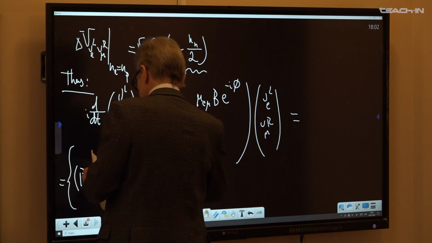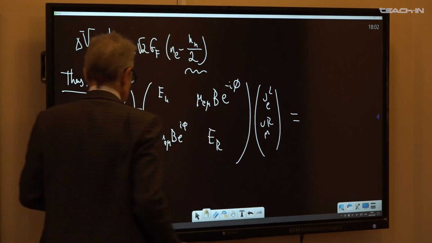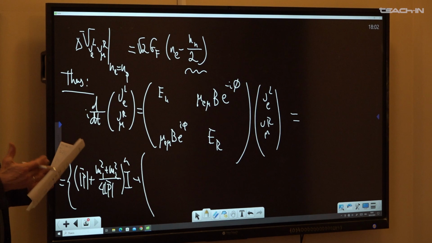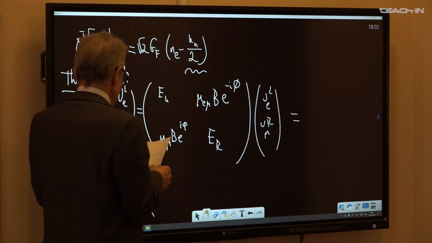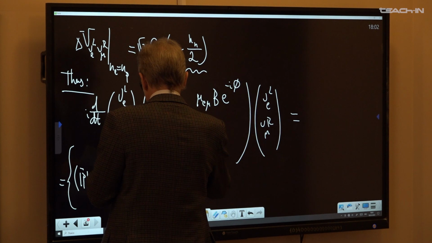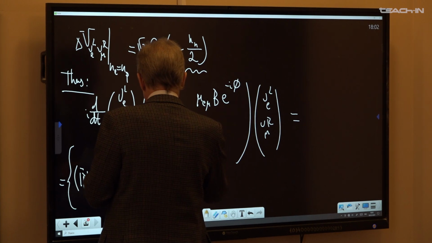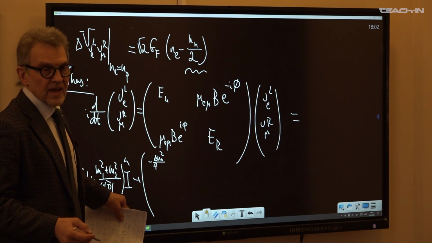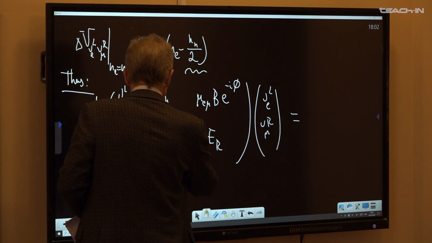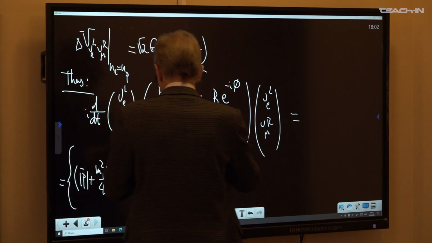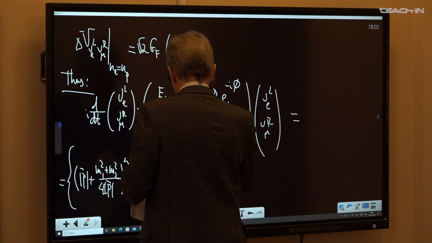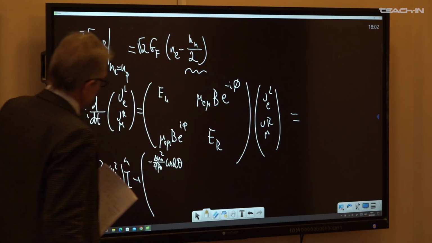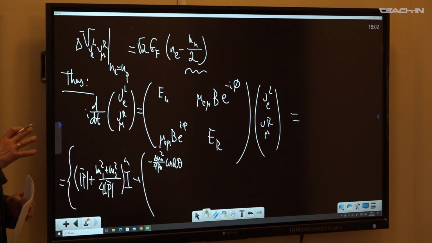And here I explicitly write the 2 by 2 matrix, and then we operate with this part of the Hamiltonian. Minus delta m squared divided by 4. Instead of the modulus of momentum, I will write the energy, for P0, cosine of double mixing angle theta. I just reproduced the results that we obtained in the previous lecture.